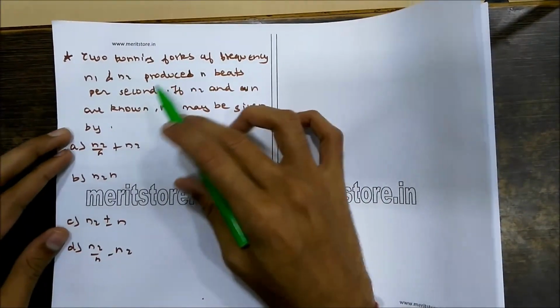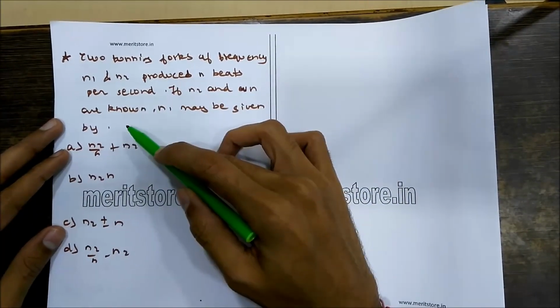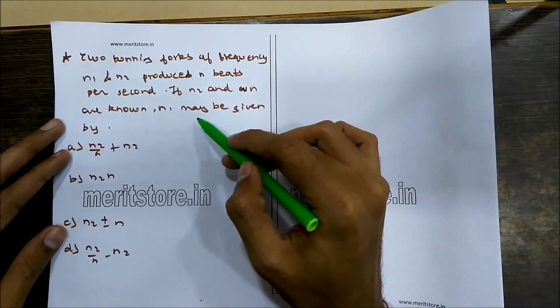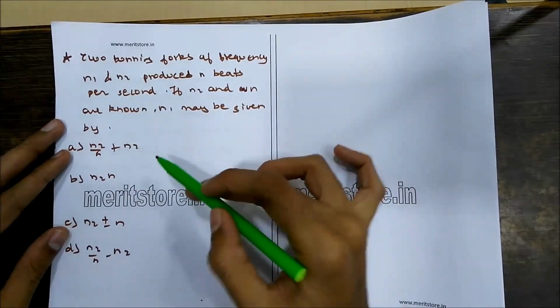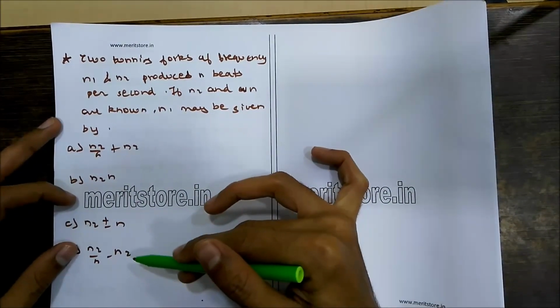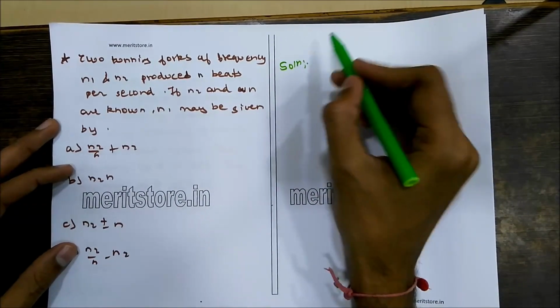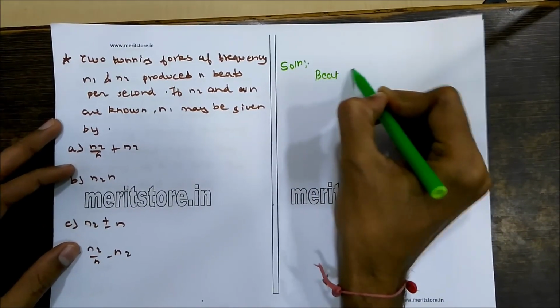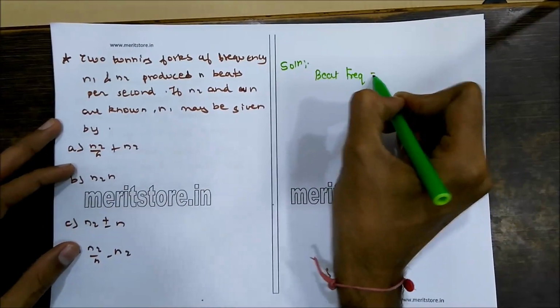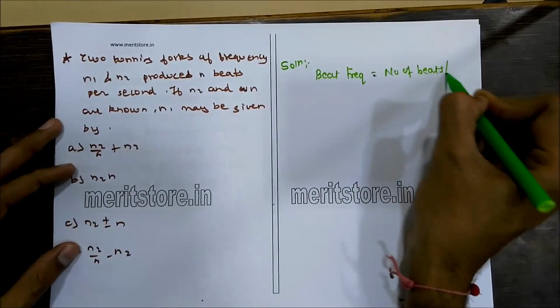Two tuning forks of frequency n1 and n2 produce n beats per second. If n2 and n are known, n1 may be given by n2 upon n, n2 plus or minus n, or n2 upon n minus n2. So we have the beat frequency, which is equal to the number of beats per second.